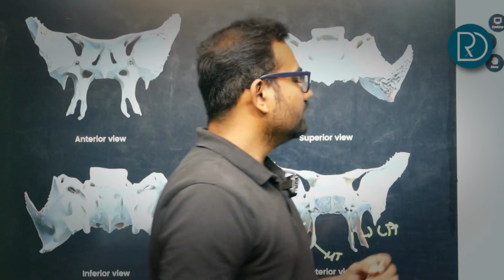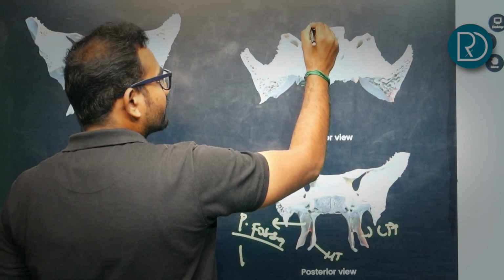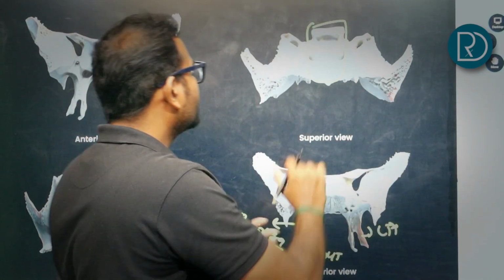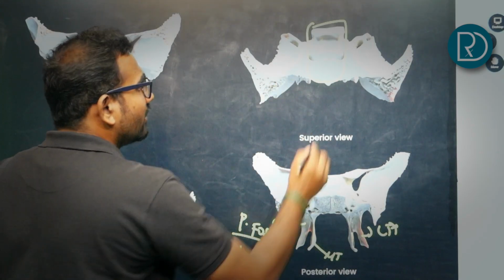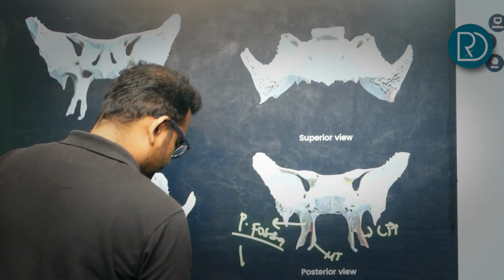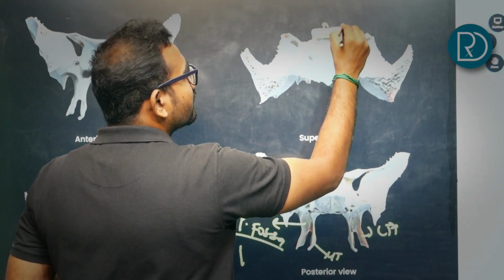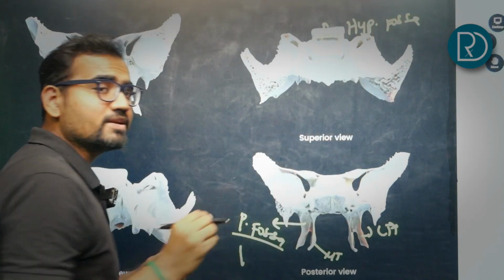Another very important landmark of the sphenoid bone is this area. This is the body of the sphenoid. The sphenoid bone has a body, a lesser wing, and a greater wing. The body of the sphenoid bone has a very important gland in it. This depression is the hypophyseal fossa, which has the sella turcica.